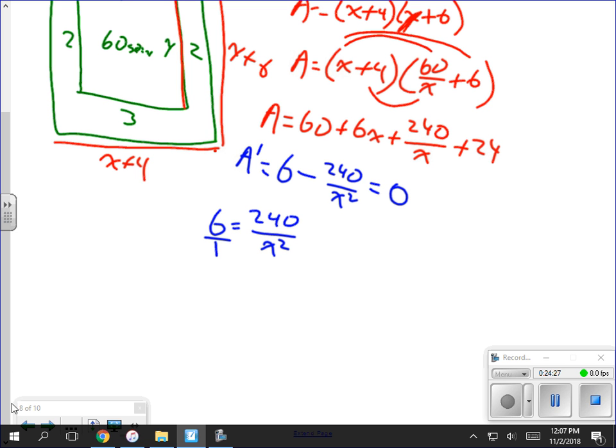When you have two rationals equal to each other, one of the things you do is swap the means and extremes. That means I can just swap the x squared and the 6, and it's still equal to each other. So I get x squared equals 240 over 6. So 240 over 6, that's 40. X squared equals 40. X equals the square root of 40.